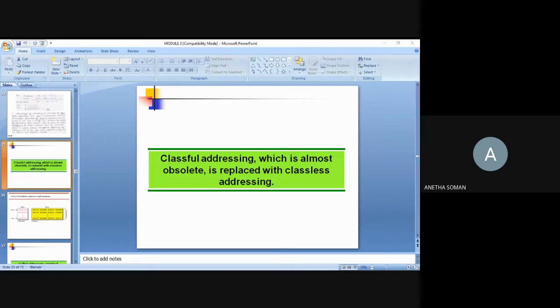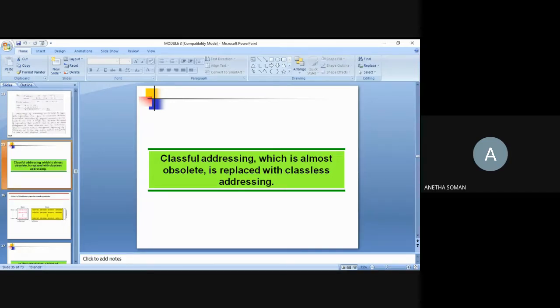Those two pieces are more than enough to identify how many addresses are provided for a particular organization.